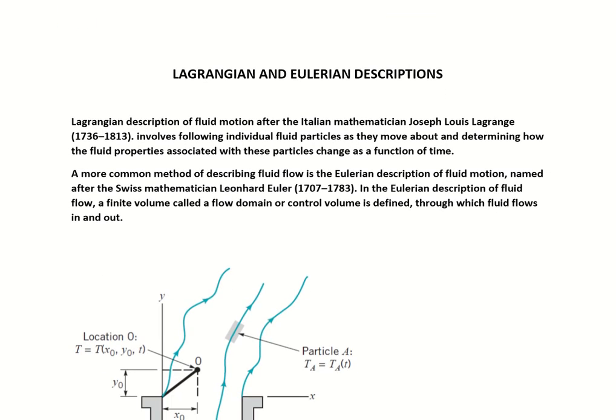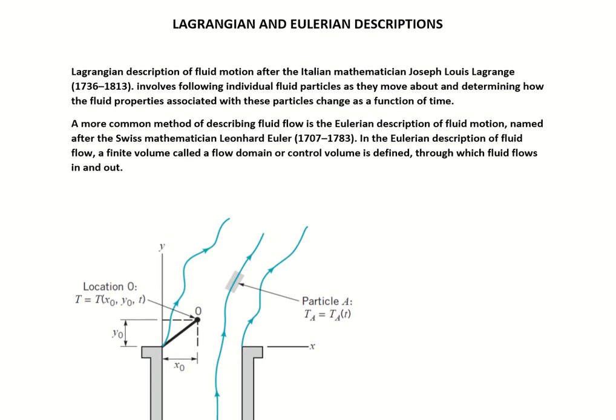Now we are going to discuss the two important methods which are known as Lagrangian method and Eulerian method to describe the flow field. Both were mathematicians.